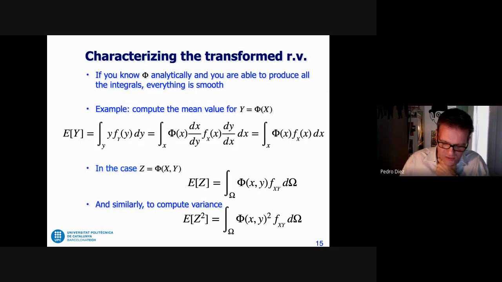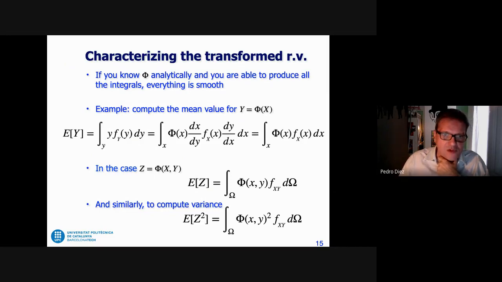We just have to integrate the square of phi. So that allows you to compute analytically, if you know phi analytically and f of (x, y) analytically, both the average and the variance, because the expectation of z squared together with the expectation of z allows you to compute the variance.